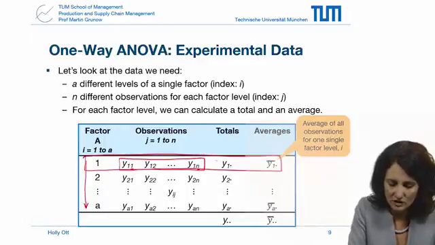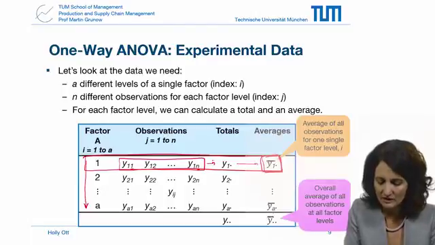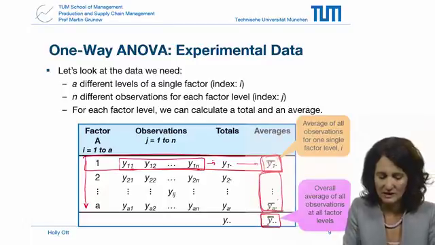Here we can take the total, we sum these up to get the total, and from there we can get an average for one single factor level I. And then we can also calculate an overall average. We sum all of these row averages up and take the average.